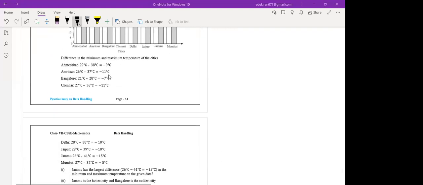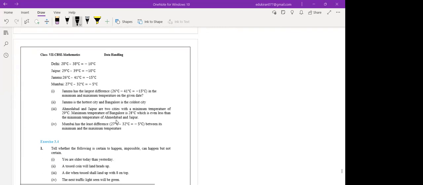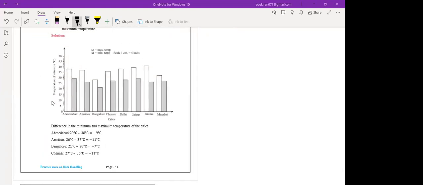The first one, I hope this temperature looks like Ahmedabad, Amritsar, Bangalore, Chennai, Delhi, Jaipur. Ma'am, actually, I took a scale of 10. Yeah, no problem. You can take any scale. There is no compulsion, but only over here you have to mention 1 centimeter equals to 10 units.